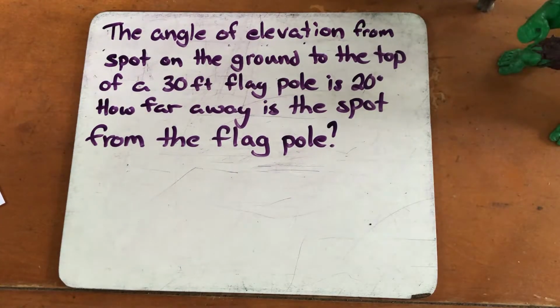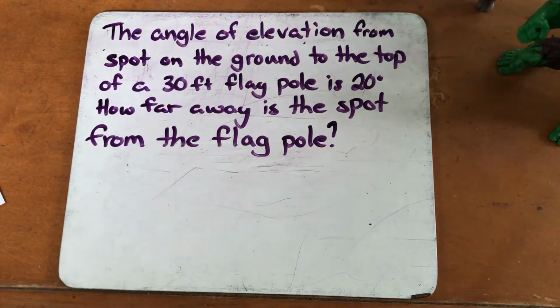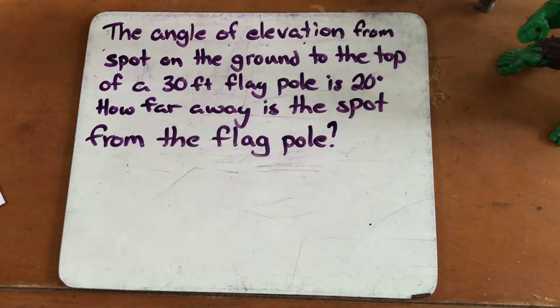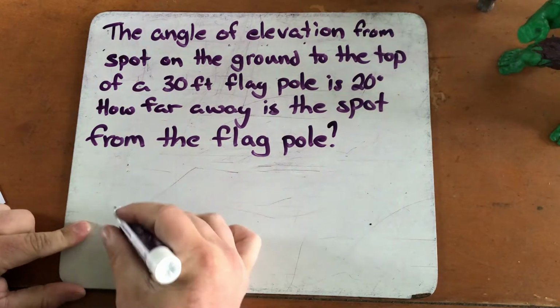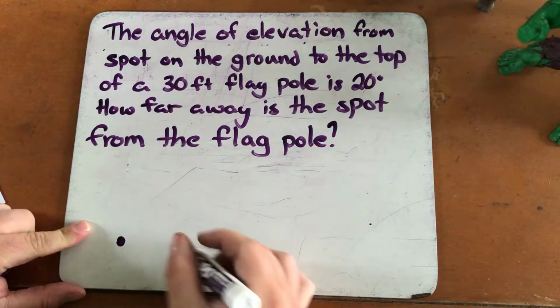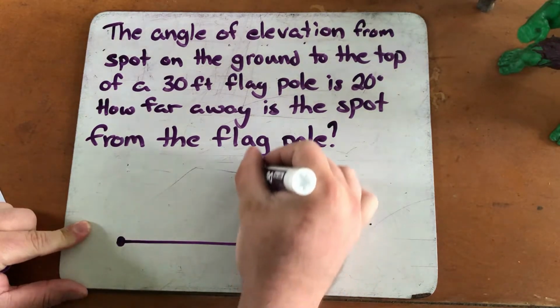So for my first example, I'm going to have to use two whiteboards because the problem is written pretty long. The angle of elevation from a spot on the ground to the top of a 30-foot flagpole is 20 degrees. How far away is the spot from the flagpole? So here's my spot on the ground. I have a flagpole.